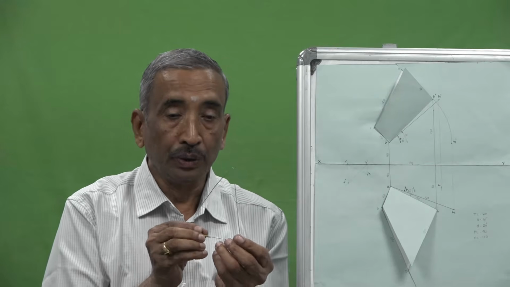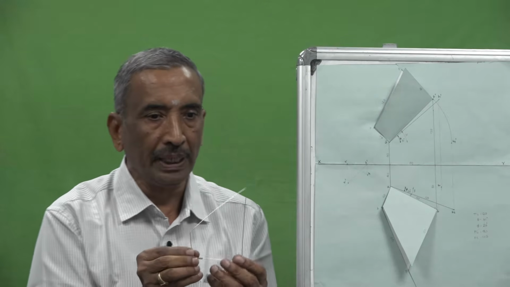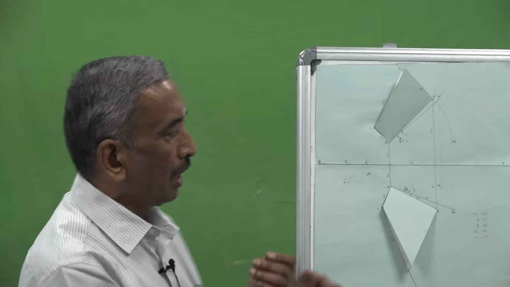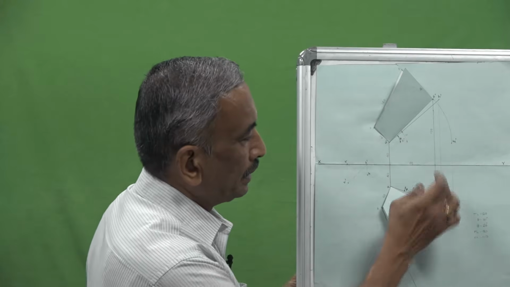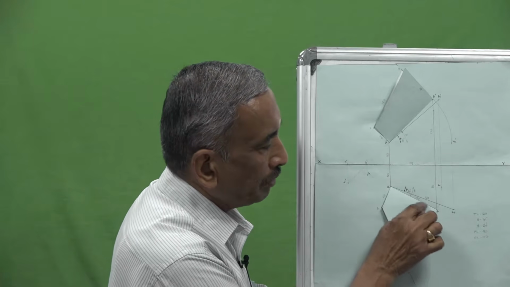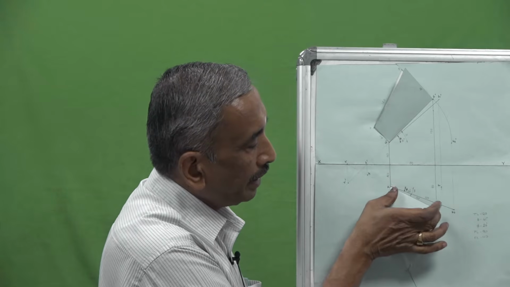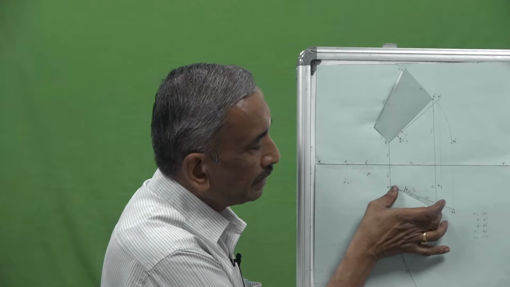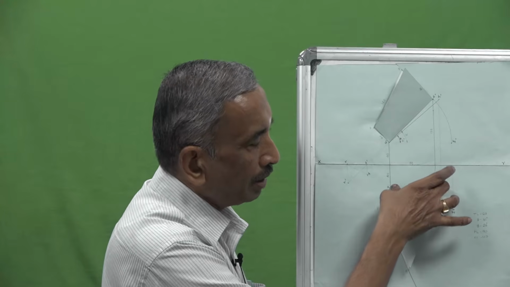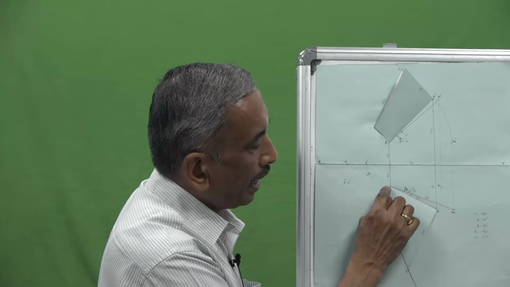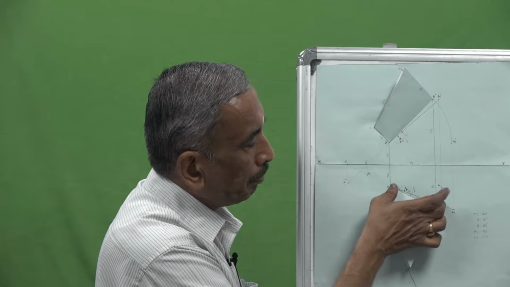Then using this concept, we will come back to the drawing now. This is my top view of the line. With A as center, AB as radius, I draw an arc so that I am making this top view parallel to VP.